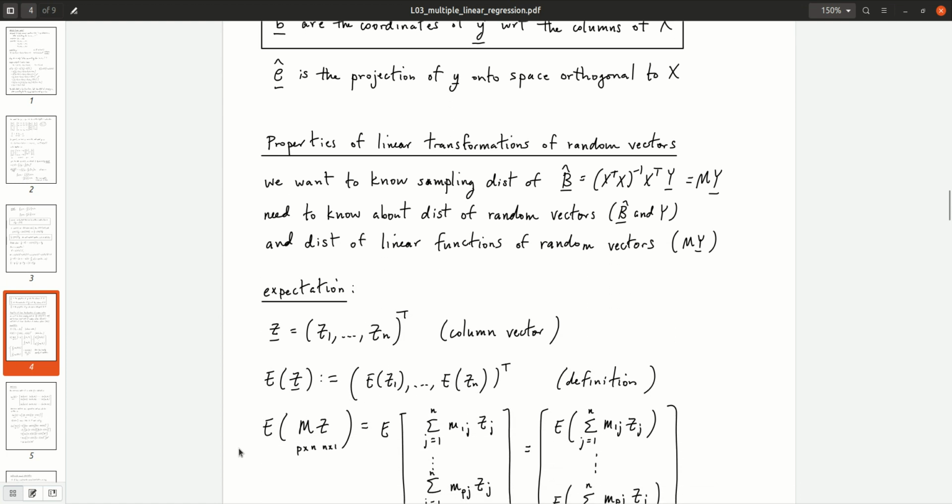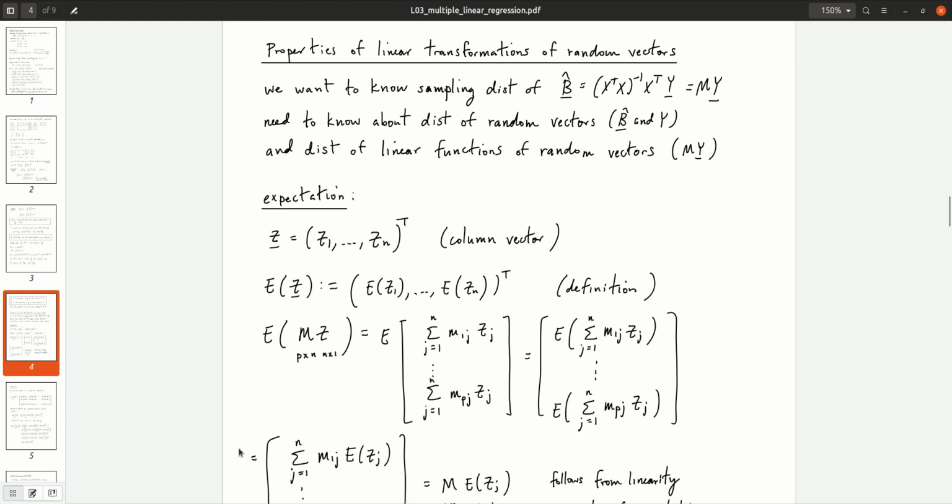All right, so what we're going to be doing next is we want to know the sampling distribution of B hat. What that means is we want to know the distribution of the random vector capital B hat, which is equal to B hat, except we're plugging in the model for the data.